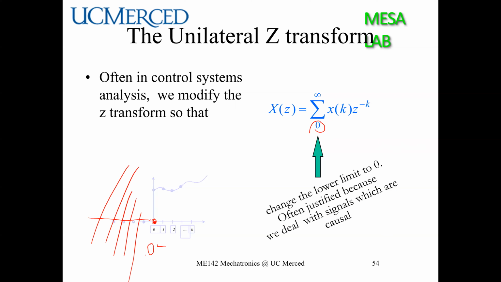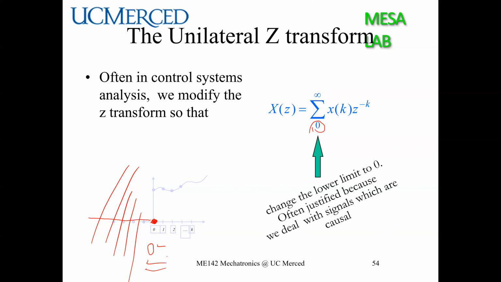That's in the continuous time domain, where we need to talk about initial conditions. But for the Z transform, the initial condition is simply 0. Don't use 0 minus like in the continuous time domain.